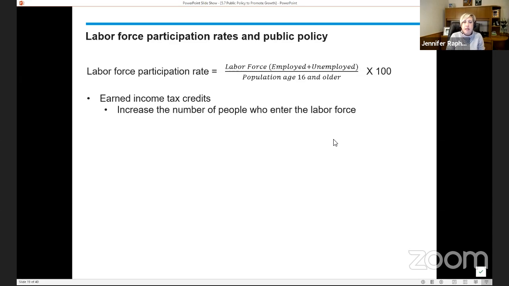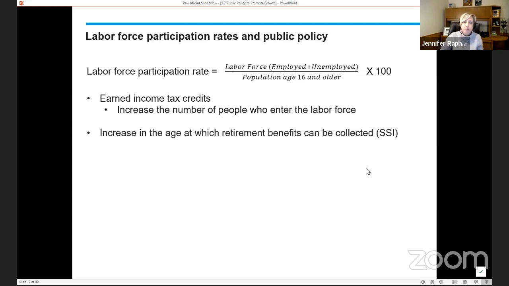That basically has the effect of raising the wage for people returning to work in ways that might make, at the margins, their decision to re-enter the labor force one that causes them to do so. So the earned income tax credit is a way to increase the number of people who are in the labor force, which therefore is going to increase your full employment levels of output.